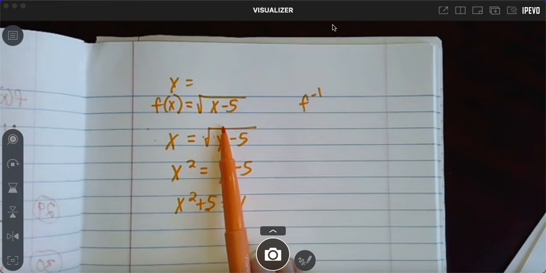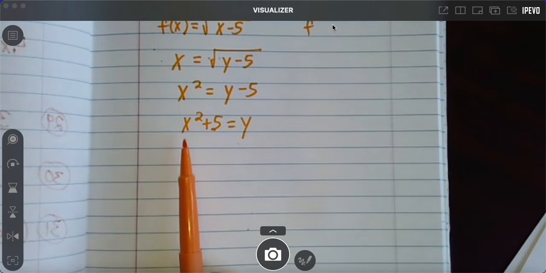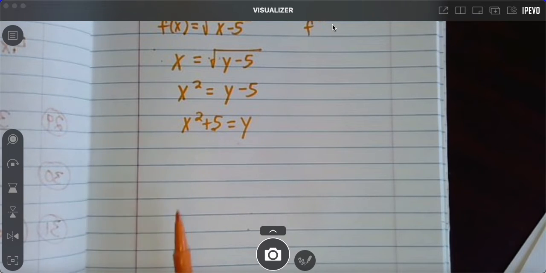A negative number. So X has to be bigger than 5. If X was 5, what's X squared? 25. So your range of values is going to be numbers bigger than 25. So it'll be C.